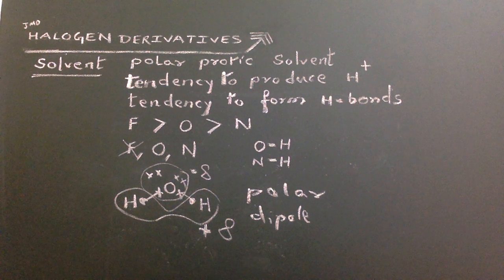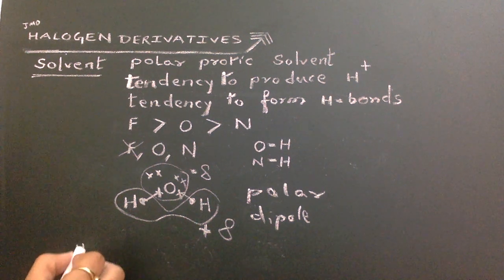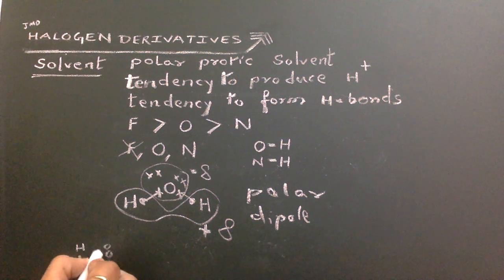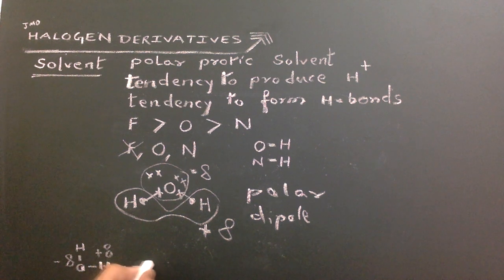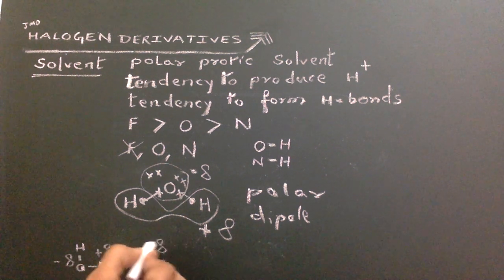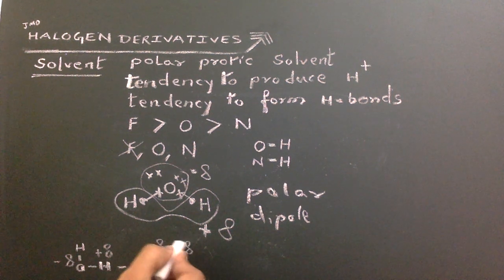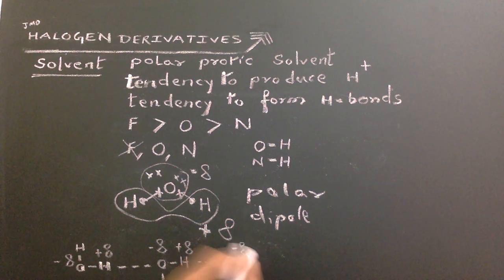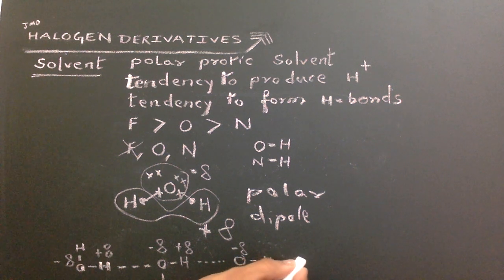Now it is because of this polarity that water can form hydrogen bonds. See how water forms hydrogen bonds. When I take a molecule of water, say HOH, then this H of one water molecule, which is electropositive, attracts the oxygen, which is electronegative, of another molecule of water like this. The H over here, which is electropositive, again attracts the oxygen of another molecule of water, and this is how they go on bonding with each other.